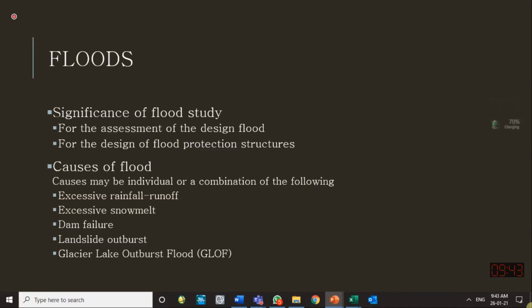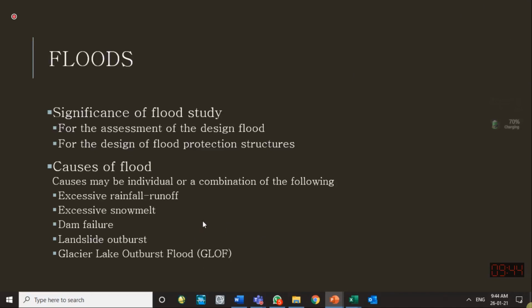And if I select 100-year return period, it means I am designing it for that flood which is expected to occur once in 100 years. Usually we don't have the 100-year or 50-year data. So flood frequency analysis helps us find floods of higher frequency or higher return period. That will be explained to you over here.